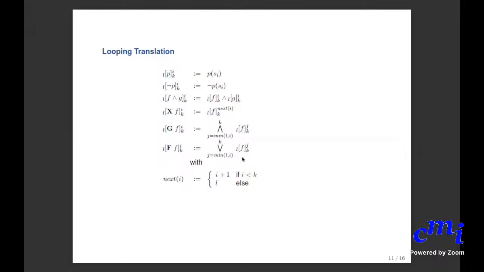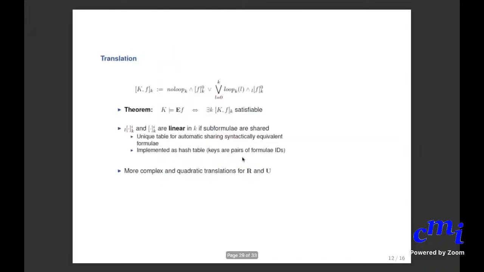Okay. So I only have 10 minutes before I have to catch the thing. So as I said, the general translation will have two components, a disjunction. One for the no loop case, in which case you will apply this translation f of 0 of k, and that is a recursive translation, like I showed you in the last couple of slides.